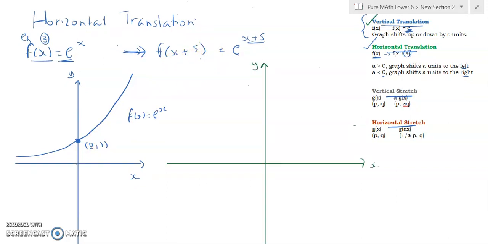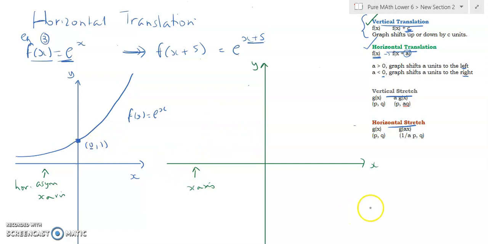If we look at my original curve, I can see that the horizontal asymptote, as mentioned before, is the x-axis. Because this is a horizontal translation, it's simply a shift to the left or to the right. So the horizontal asymptote will remain as the x-axis, and the curve will go like this and still never touch the x-axis.